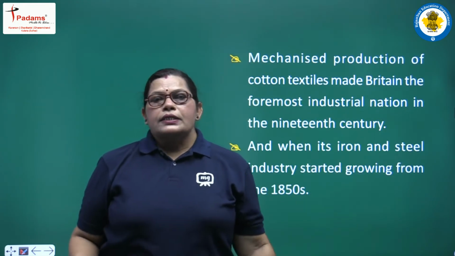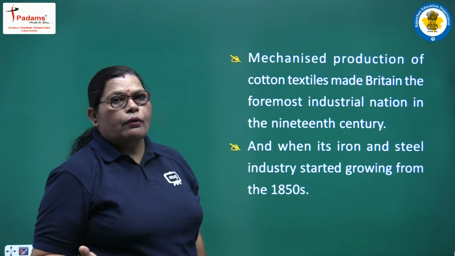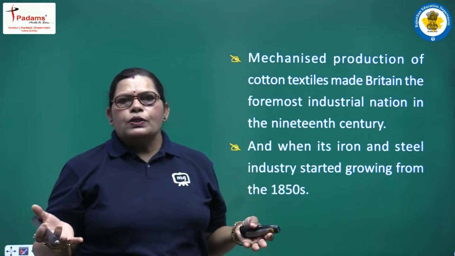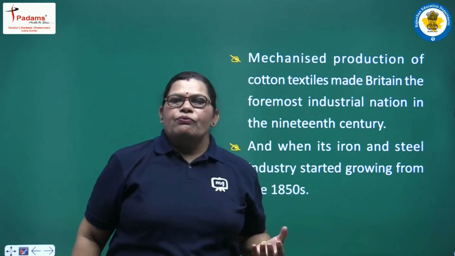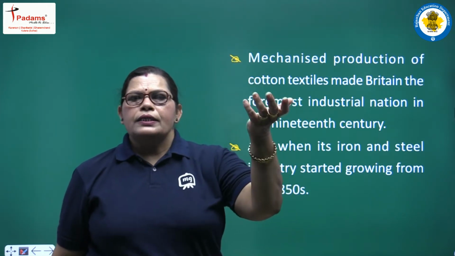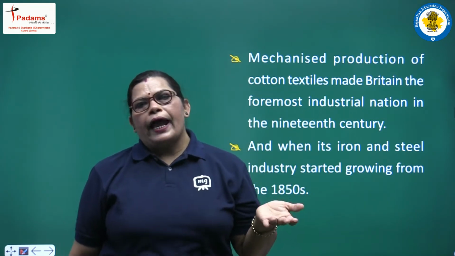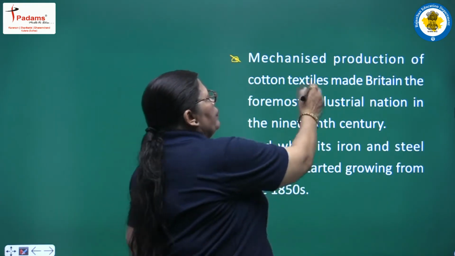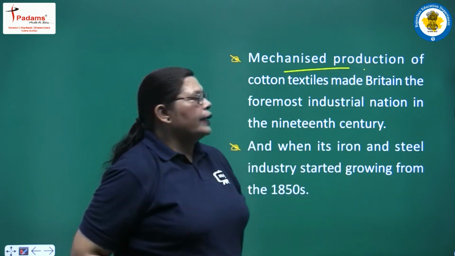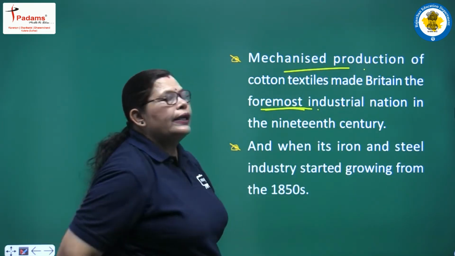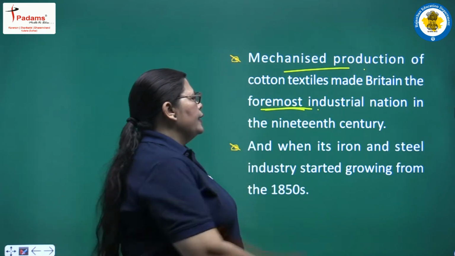Yes, we discussed the modern world, and at that time many circumstances took place. Sometimes we were at the peak. Yes, Indian industries were at the peak, and sometimes we lost that dignity. So mechanized production of cotton textiles made Britain the foremost industrial nation in the 19th century.